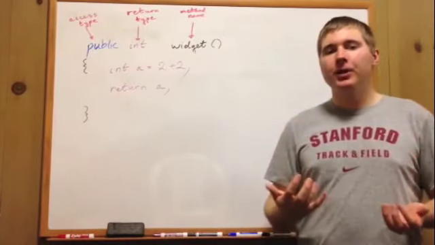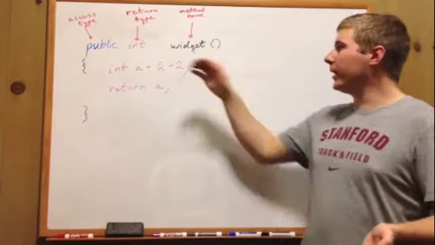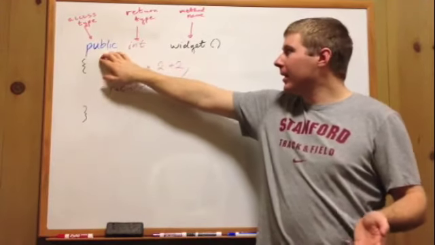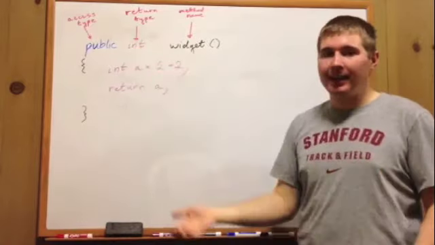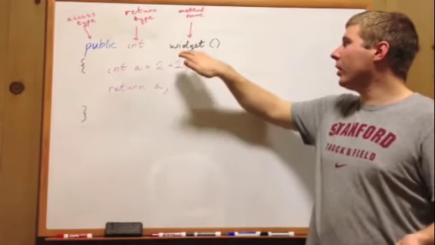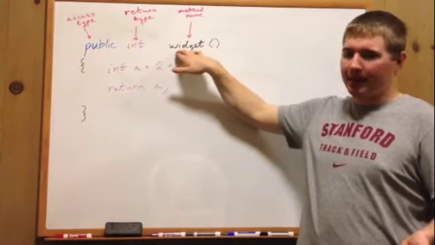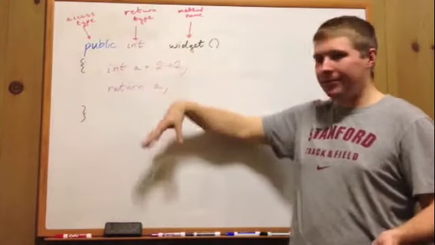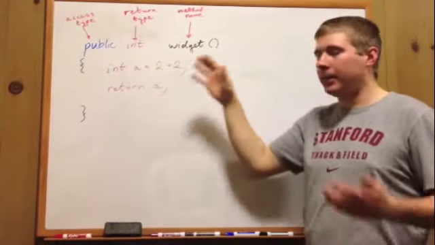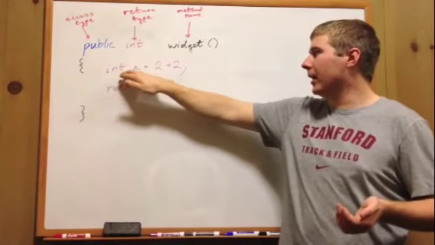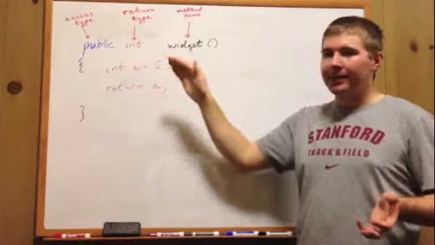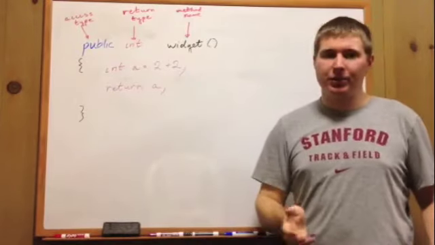Okay, let's say we want to return an integer value. We give it the access type, we give it the return type, which in this case is an int for integer, and then we give it the method name. Okay, and then we can have as much code as we want in here, but I'm going to keep it simple. So I created an integer and called it a, and assigned it the value 2 plus 2.